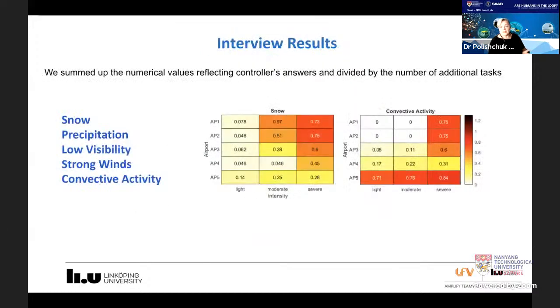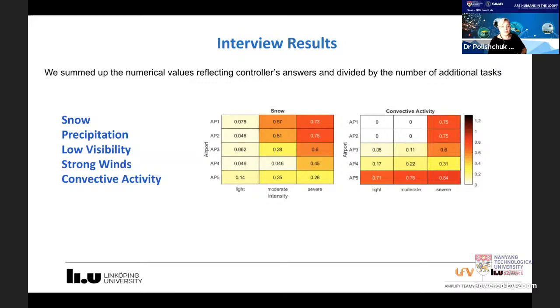So having these average controller ratings over task load, the additional tasks associated with each weather phenomenon, we have these results, so-called heat maps, for different weather intensities.